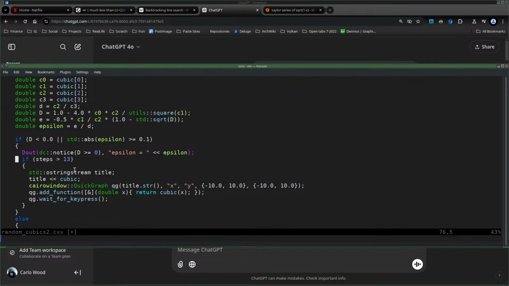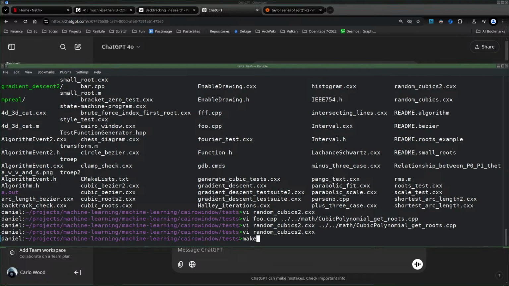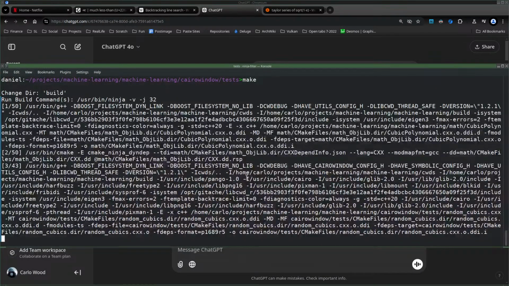And that means if we are more than 13 steps, so the double precision bit, totally significant double precision bit away. 13 is not that much, of course, but still. Then you draw it. And it turns out to be a very specific class of cubics that still goes wrong then.